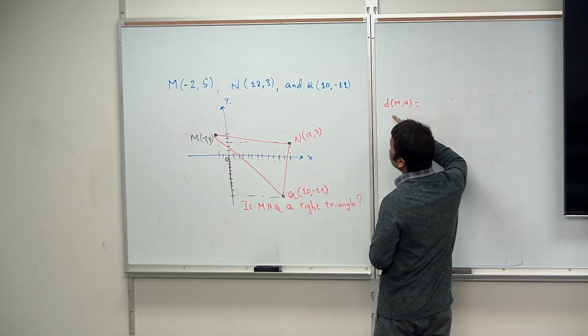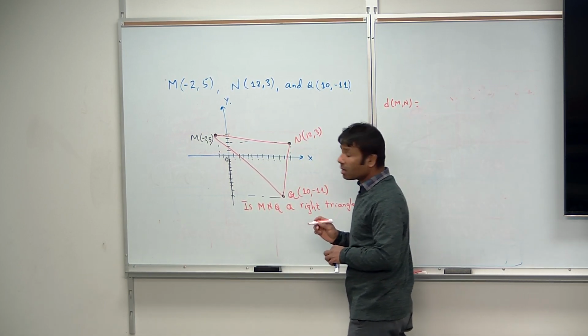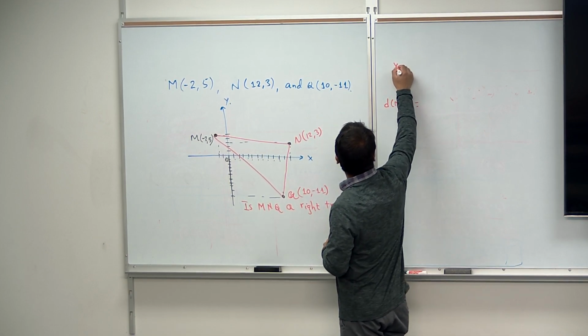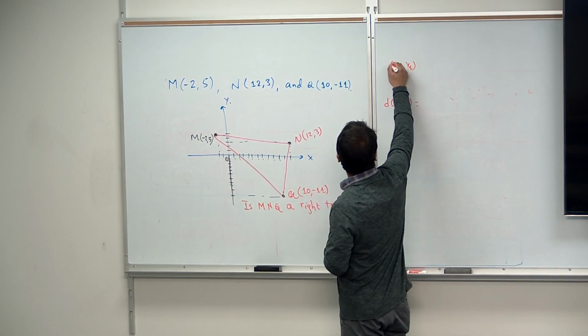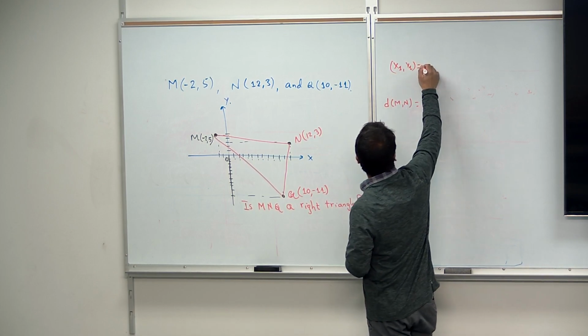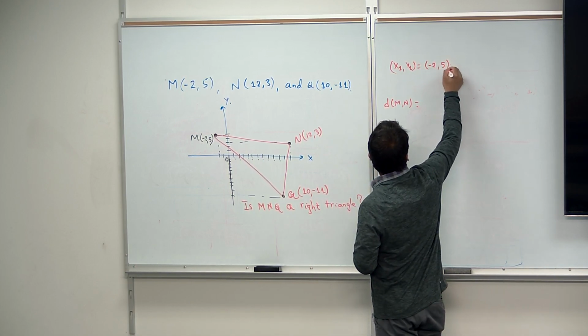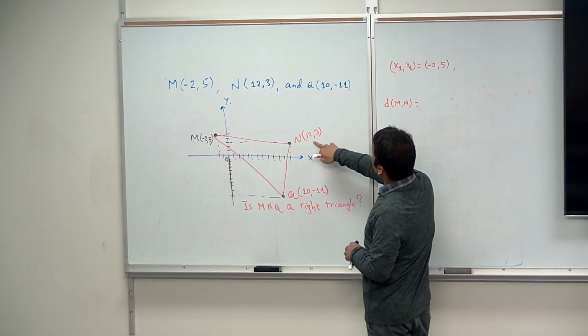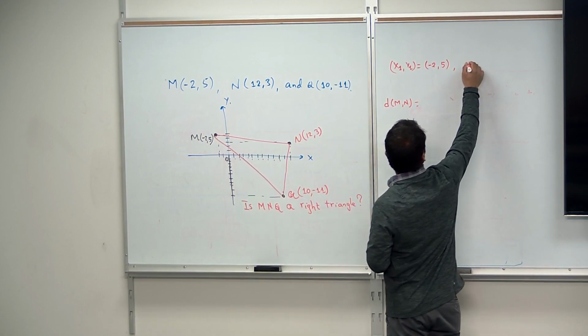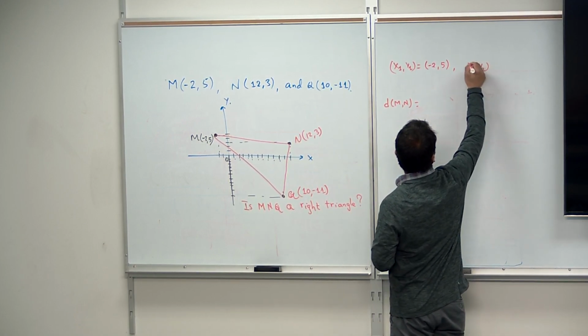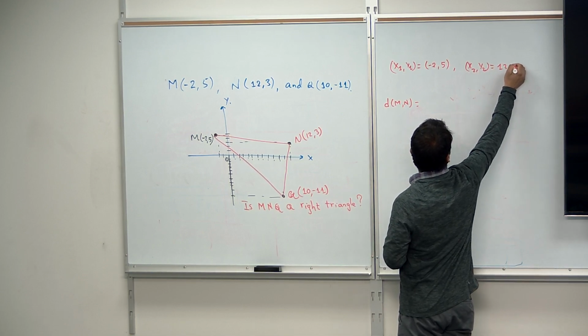So you consider the point M as x1, y1, which is negative 2 comma 5. Let's say x2, y2 is 12 comma 3.